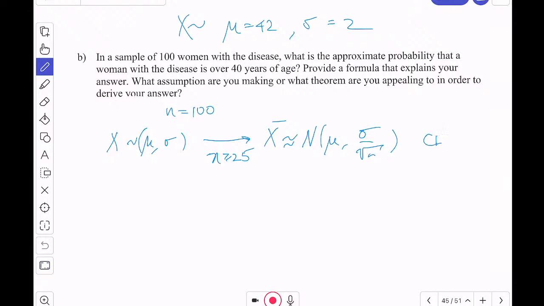This is called the central limit theorem. And I can just use the central limit theorem if I care about the sample mean.